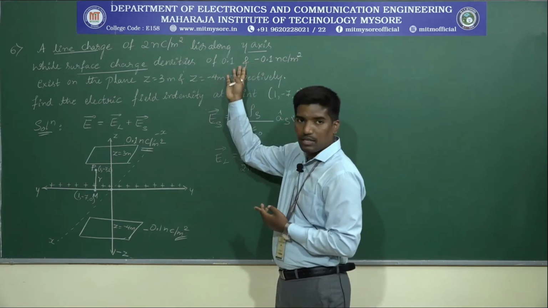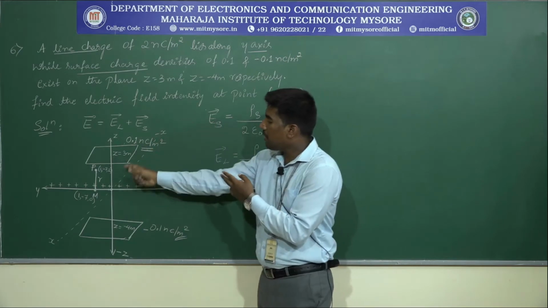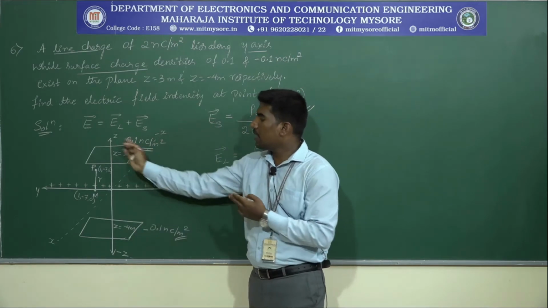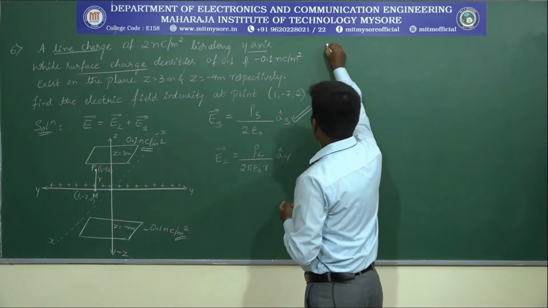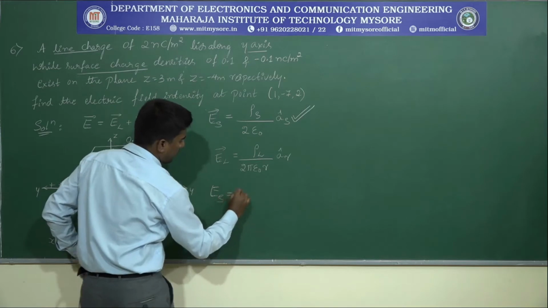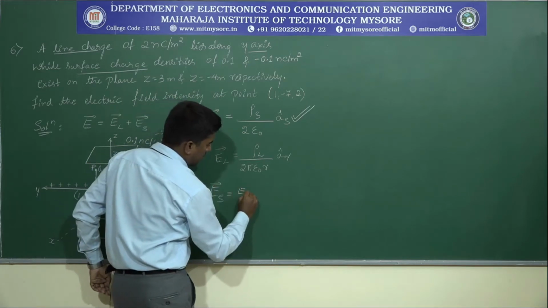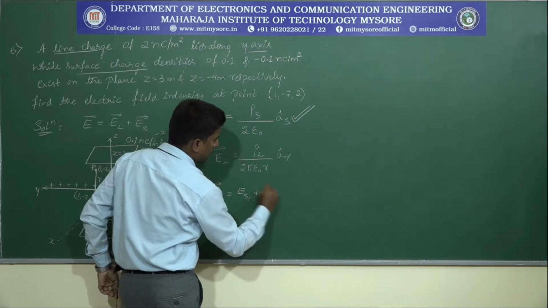By using surface charge densities, calculate the electric field intensity at point P due to two infinite area surface charges. That is ES is equal to ES1 plus ES2. Why ES1 and ES2?